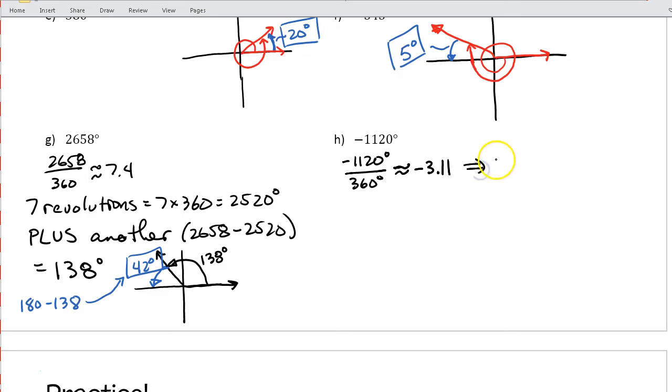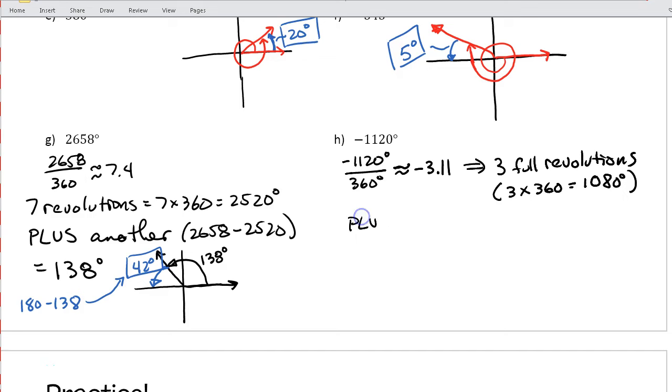So I have 3 full revolutions, and 3 full revolutions is 3 times 360, which is 1080 degrees. Then I need to go another amount, so let's figure out how much farther I need to go. Negative 1120 plus 1080. That's going to be another negative 40 degrees.